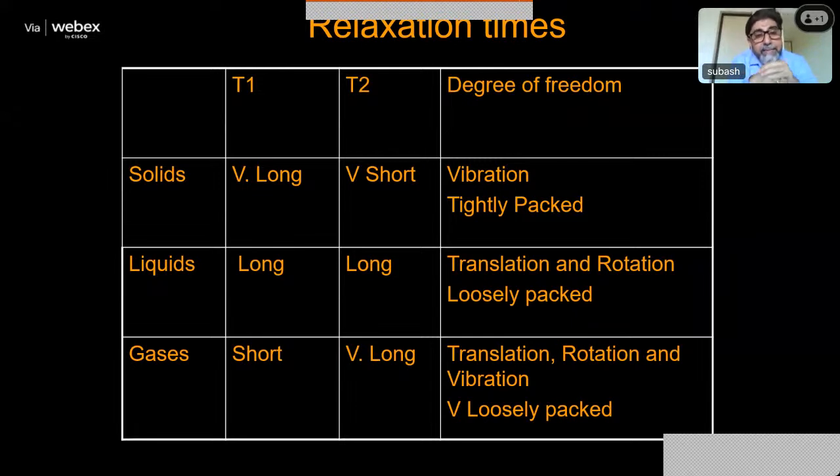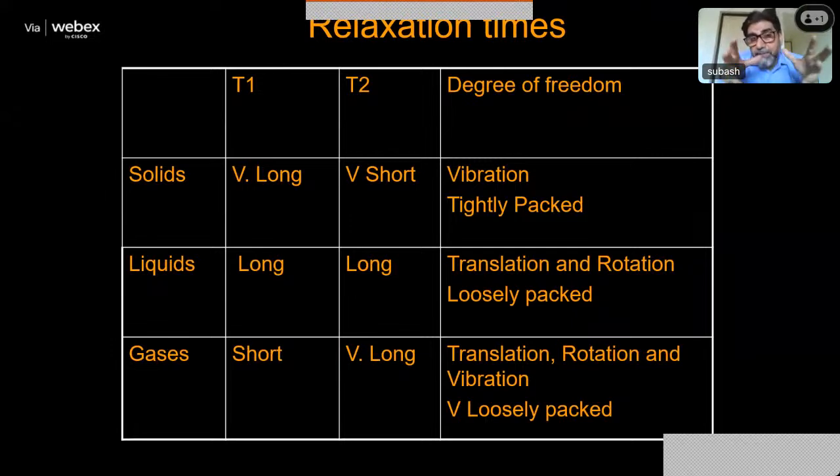Similarly, gases have short T1 and very long T2. This is because gases can have all types of degrees of freedom: translation, rotation, and vibration. So the T1 relaxation is very fast in gases, and T1 is very short.